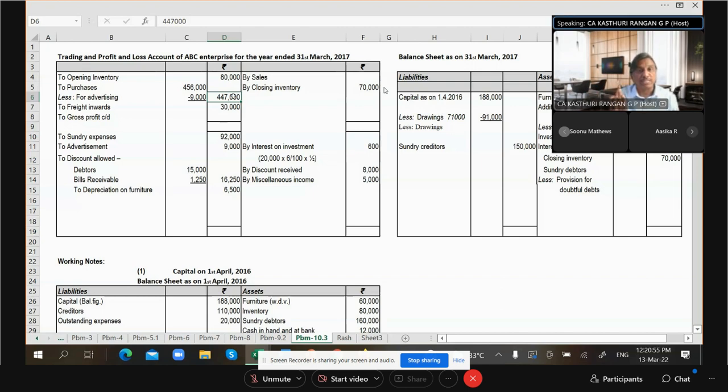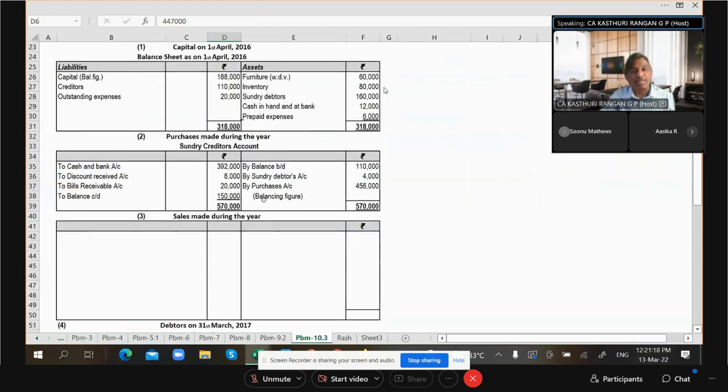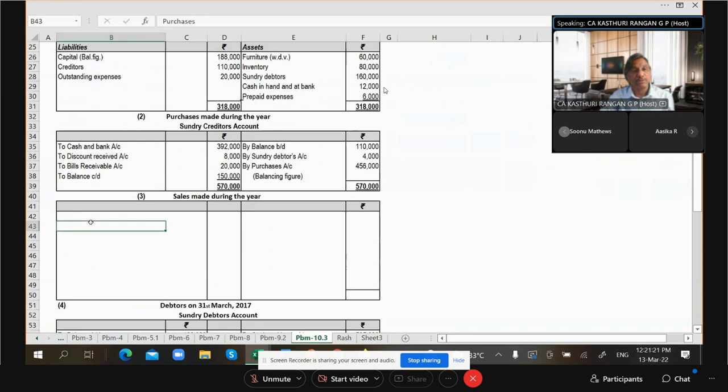Opening stock plus purchase minus closing stock is equal to cost of goods sold. If the profit is 20% on sales, it will be 25% on cost. So if you find the cost, apply 25% on that, you'll get the sales. Therefore, working note number 3 is required.